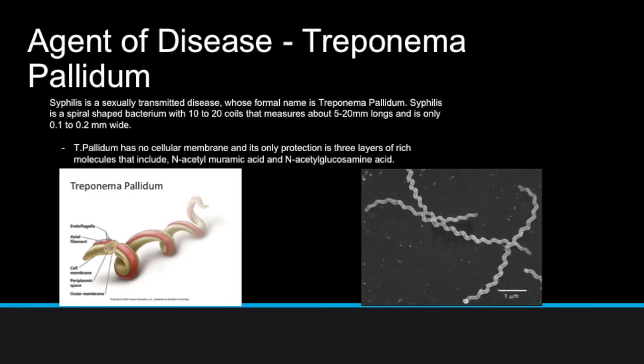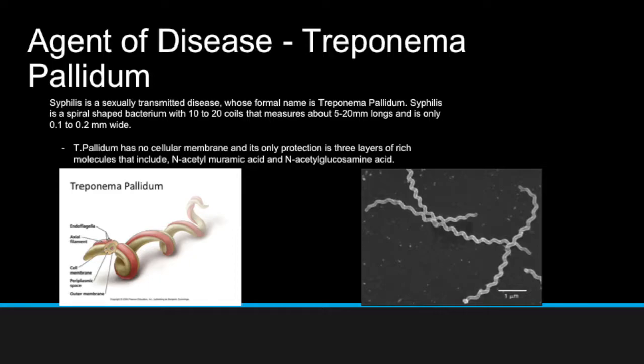It's known as a great imitator because it can take the form of a blister or a sore around the individual's mouth, or it can be found in the individual's genitals. Most of the time, syphilis is not recognizable, and it takes between 1 to 2 weeks for it to start showing the symptoms of the disease.